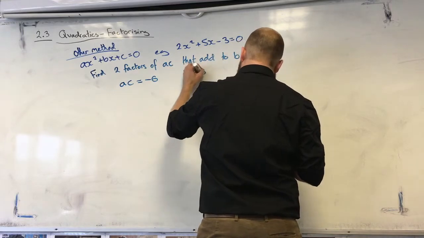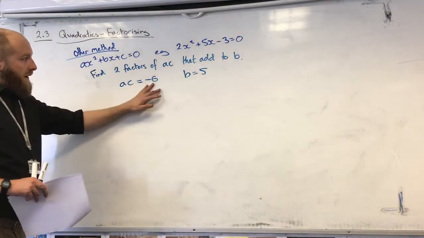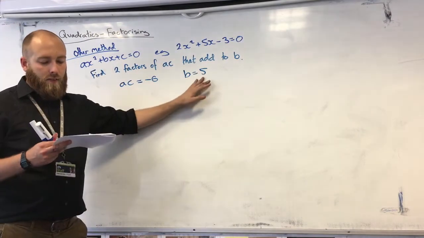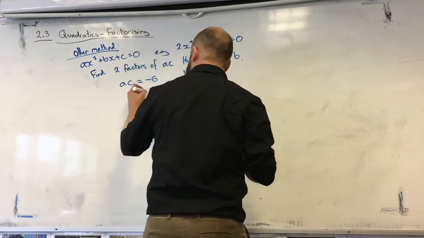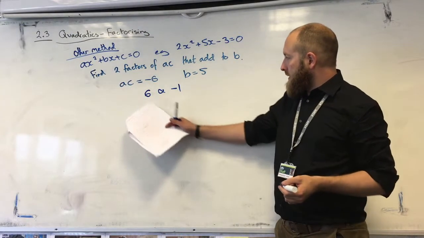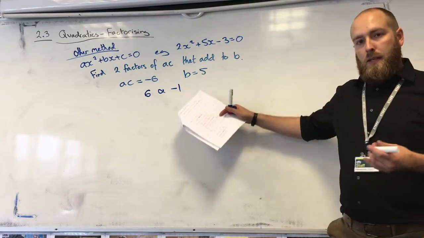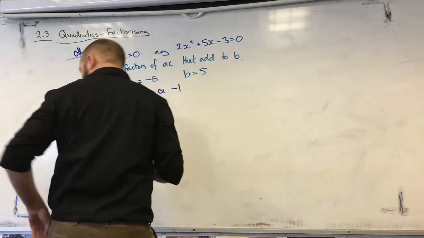And B equals 5. So we need two factors of minus 6 that add to give 5. So have a think of what we could have. And the obvious ones are 6 and minus 1. We might have said minus 6 and 1, but they don't add to make 5, they add to make minus 5. So that's our first step.